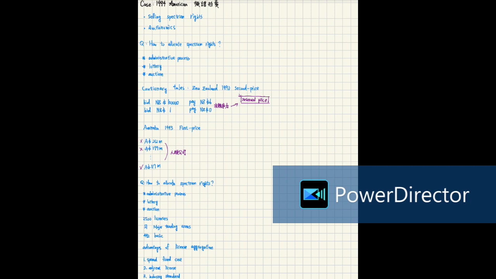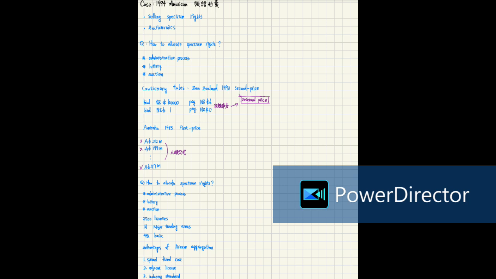The government first came up with three ideas. The first is an administrative process. The second is a lottery. The third is an auction. The administrative process is invalid because there are not so many needed to use it, right?